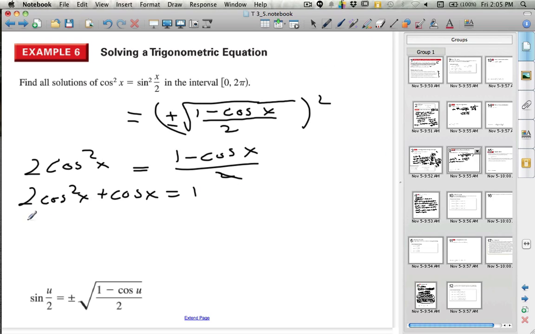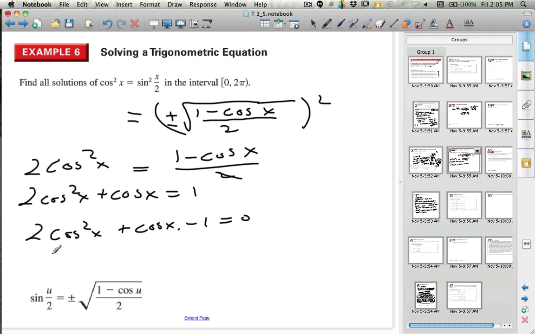And over here then we'll get, if I factor a cosine out of each of these, cosine x times 2 cosine x plus 1. No. That's not what I wanted. And if now I set this to be equal to 0, I'm going to subtract 1. I'll have 2 cosine squared x plus cosine of x minus 1 equals 0.